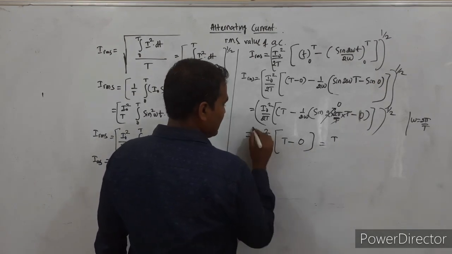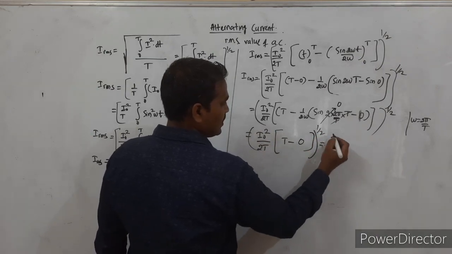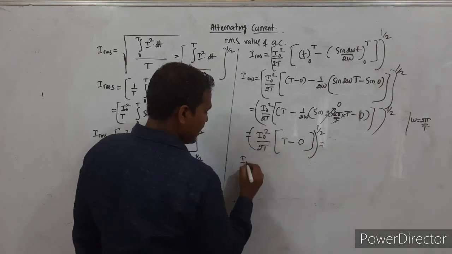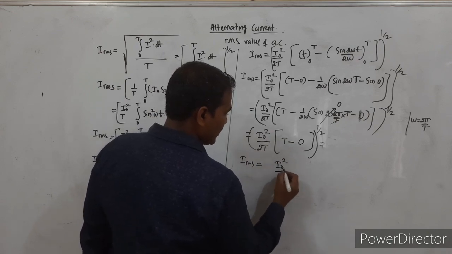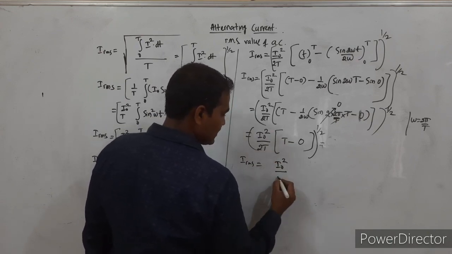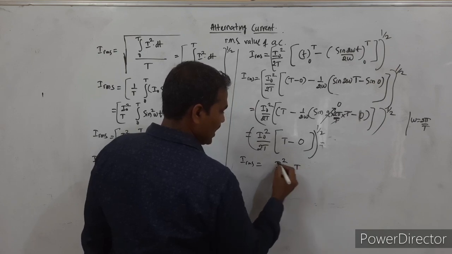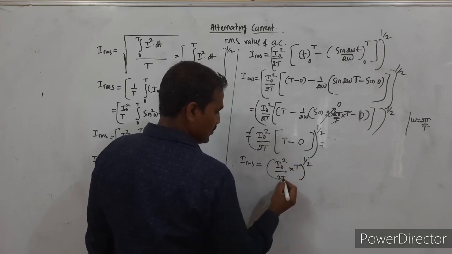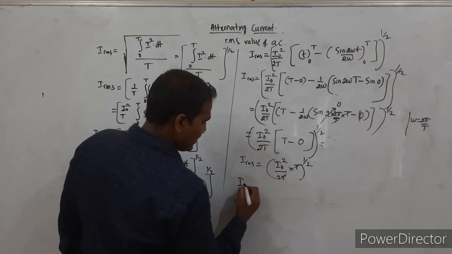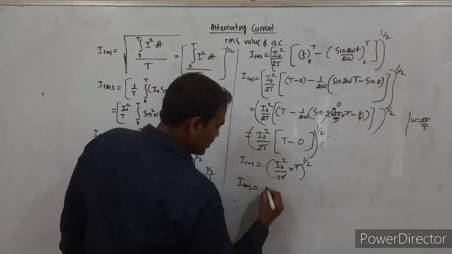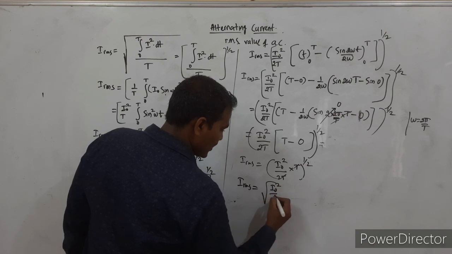So I have to take the square root of this. I can write I RMS is equal to I naught square divided by, this T gets cancelled, is it not? 2T into T I will remain with. So the square root of this I have to take. So I will get I RMS is equal to square root of I naught square divided by 2.